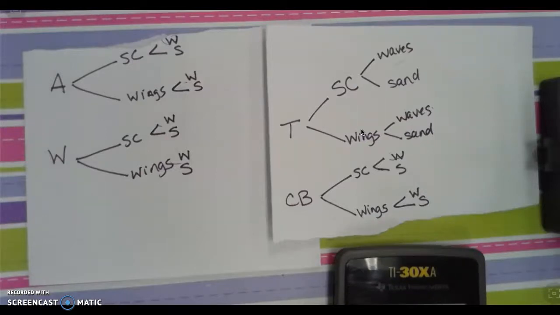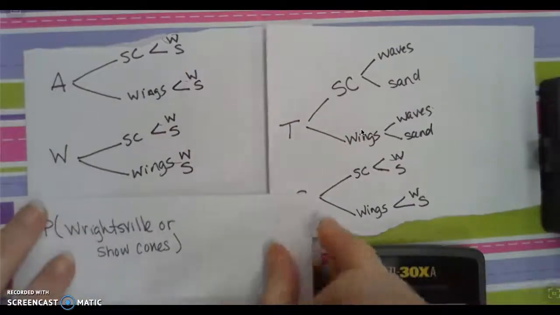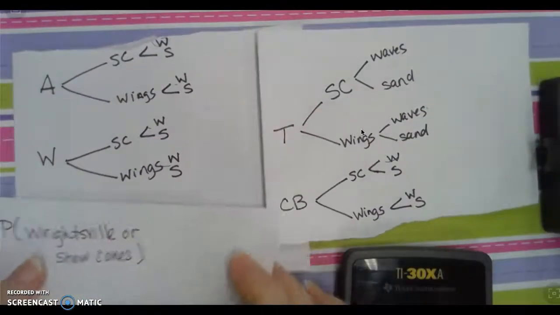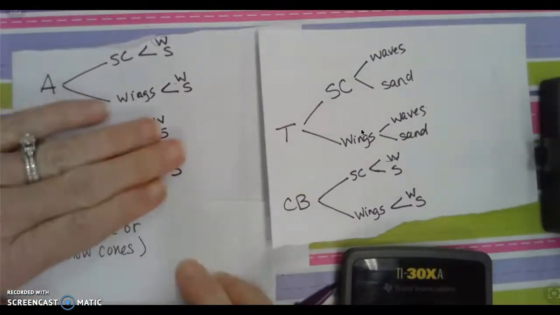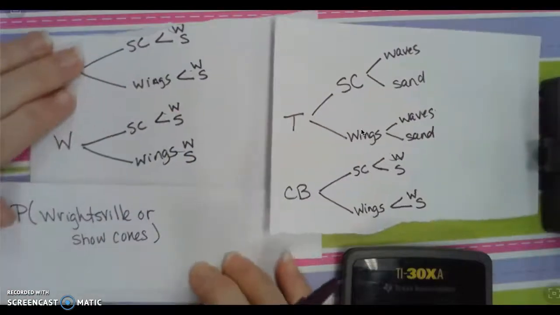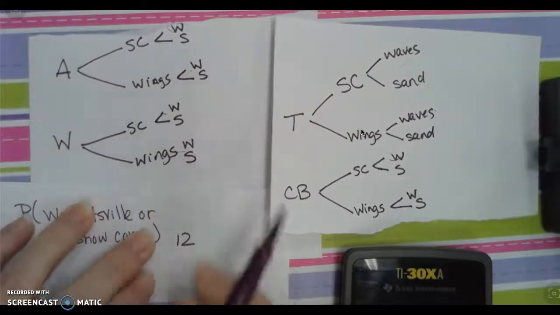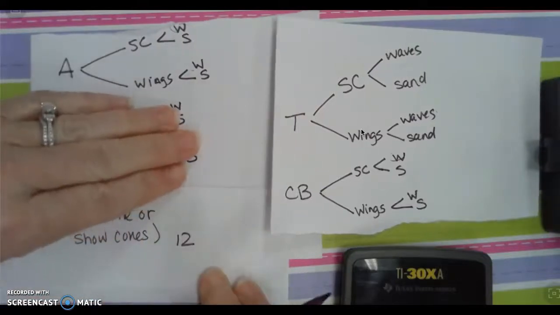says, what is the probability of going to Atlantic and Wings? Well, let's do this one first because this one's easier. This says Wrightsville or snow cone. So Wrightsville Beach is going to be all of these. So if we got our 12 on the bottom, there's 1, 2, 3, 4. So we got all 4 of those. And then snow cones.